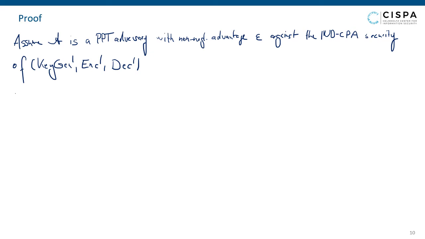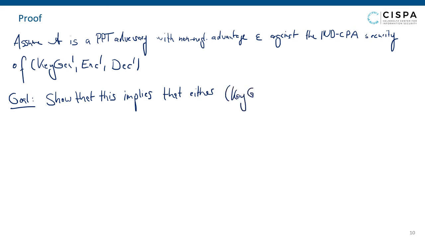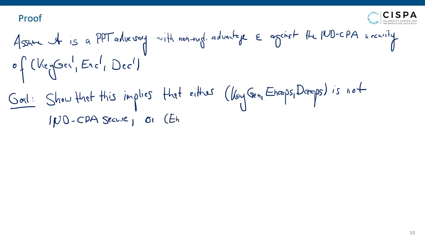Now, our goal: show that this implies that either (KeyGen, Encaps, Decaps) is not IND-CPA secure, or (Enc, Dec) is not IND secure.